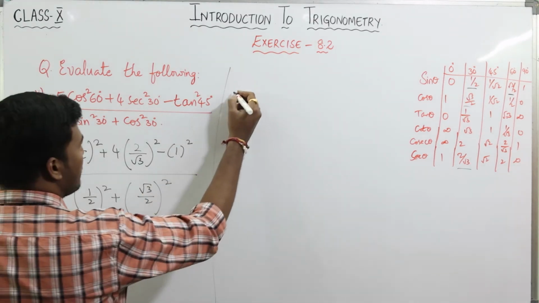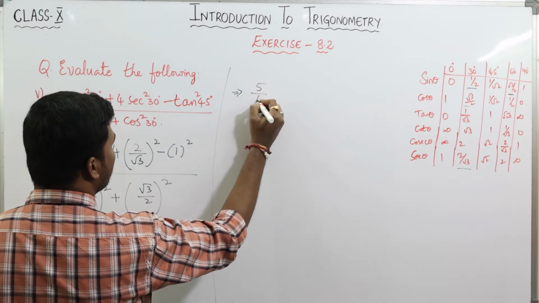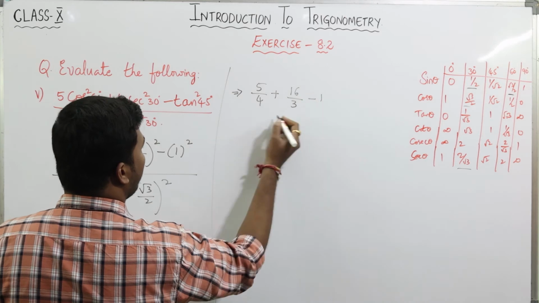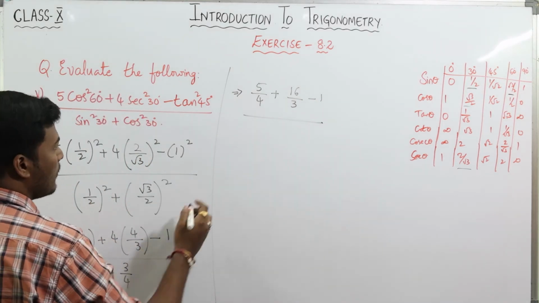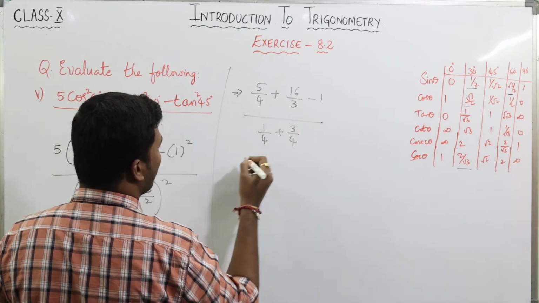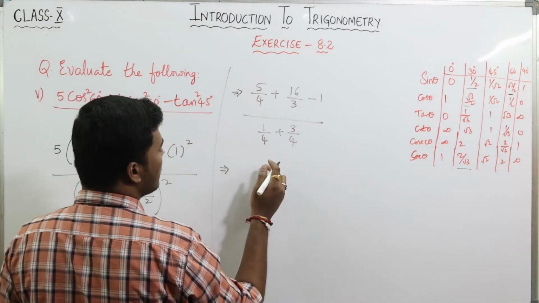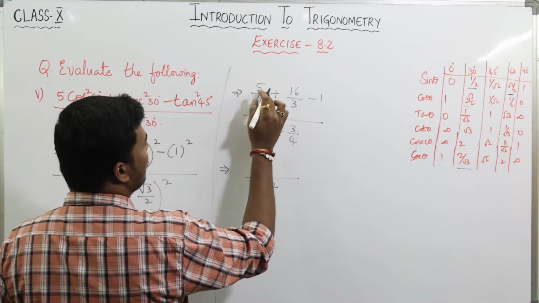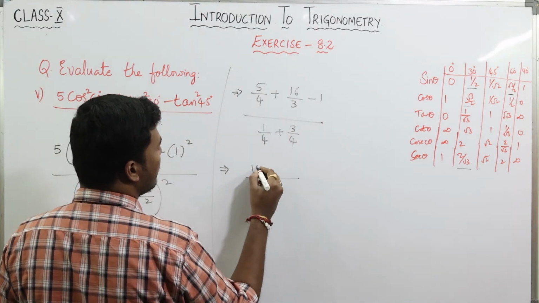Okay, then this implies 5 by 4 plus 4 4s are 16 by 3 minus 1, divided by, here we are having 1 by 4 plus 3 by 4. Take the LCM in the numerator as well as in the denominator. In the numerator 12 will be the LCM. So 5 3s are 15.